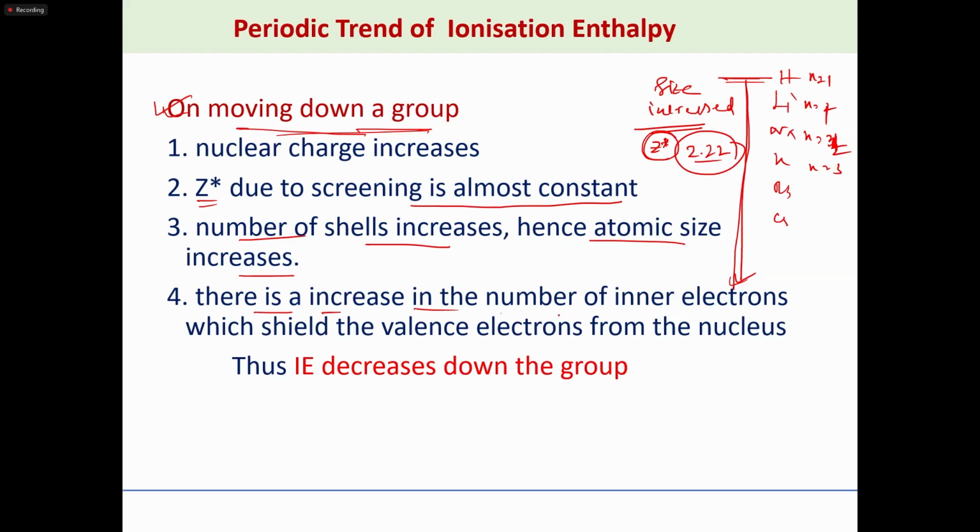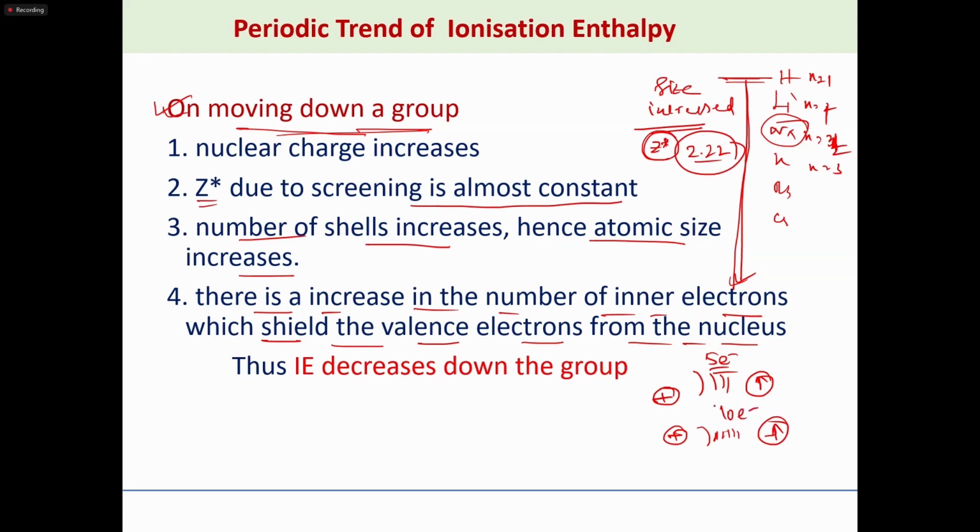But there is an increase in the number of inner electrons, which shields the valence shell from the nucleus. Just think about sodium. Here is an electron, here is a nucleus, and suppose there are 5 electrons. When we move down the group, the number of electrons in the inner shell increases.